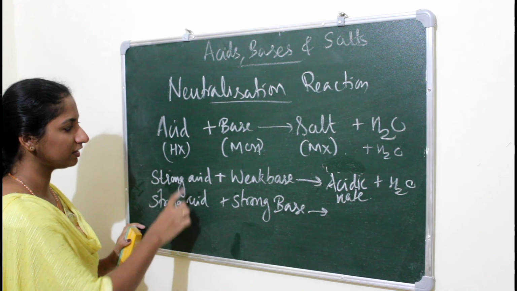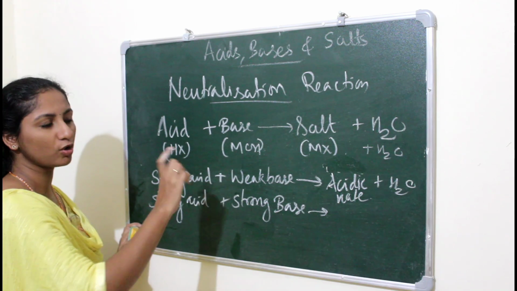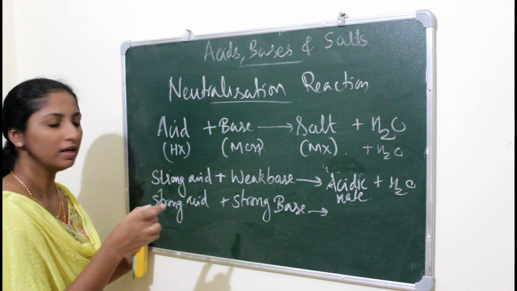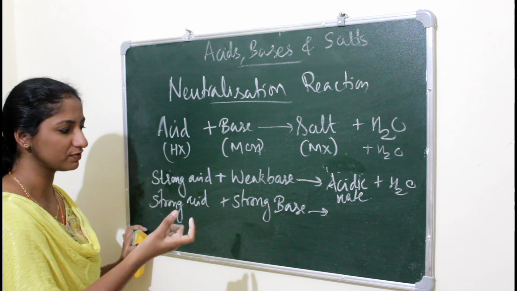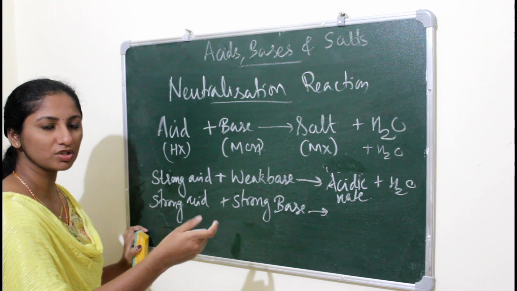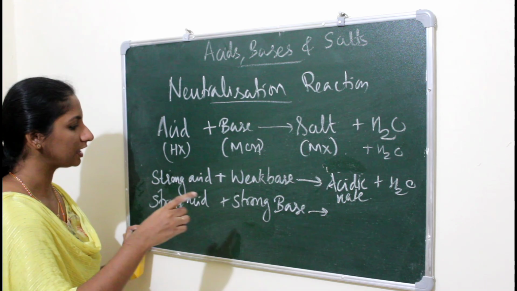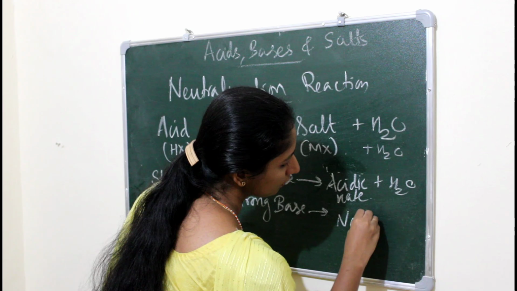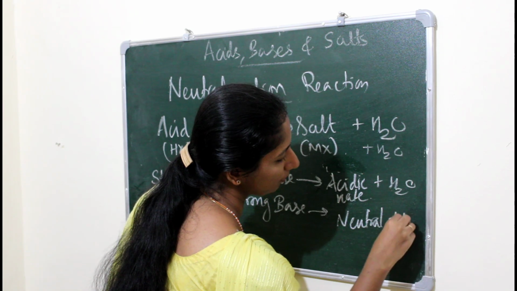So what will happen? They will cancel the powers, or they will cancel the acidic nature. The base will cancel the nature of acid, and acid will cancel the nature of base. Okay, that means the salt will show neutral properties.